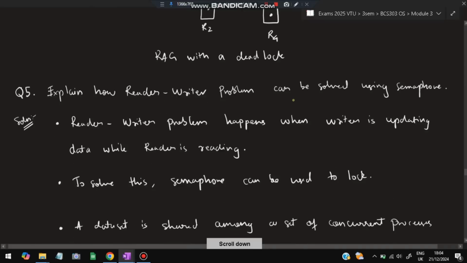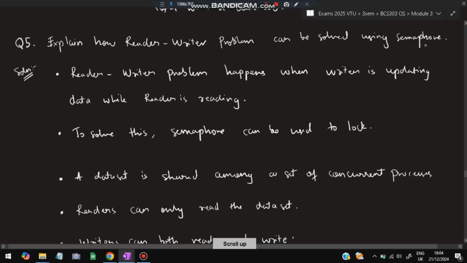Next is: explain how the reader writer problem can be solved using semaphore. Let me explain what the reader writer problem is. Just imagine there is a notice board, and many students are coming and seeing that notice board. There are some changes happening: someone is coming and writing something, some other person is coming and writing some other thing, and the previously written content is being edited. So the content is always getting changed, and whenever a reader comes, reads and goes, they will have different information than the one who came later.